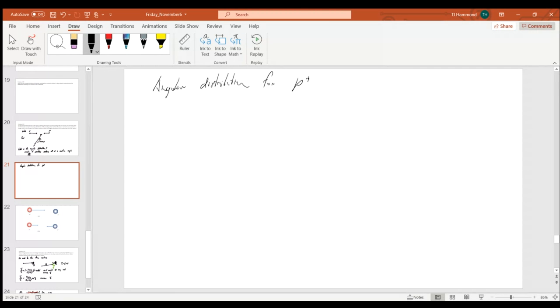So the angular distribution for the protons in phi should be the same as the neutrons in theta.